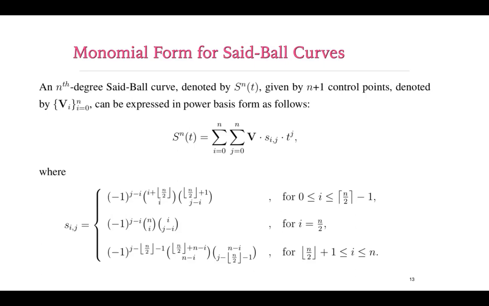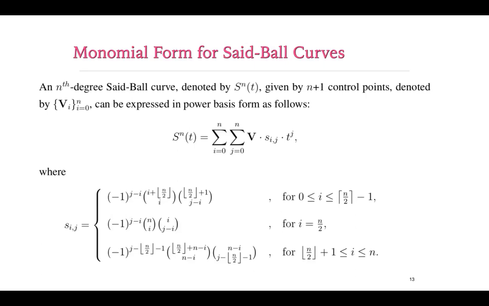So there was an idea that if we could convert from Bezier to Sidebar curve, and you want to draw a Bezier curve, you convert the Bezier curve into a Sidebar curve first and then use the recursive formula for Sidebar to draw the Bezier curve, that will be faster. That was the idea by that time.